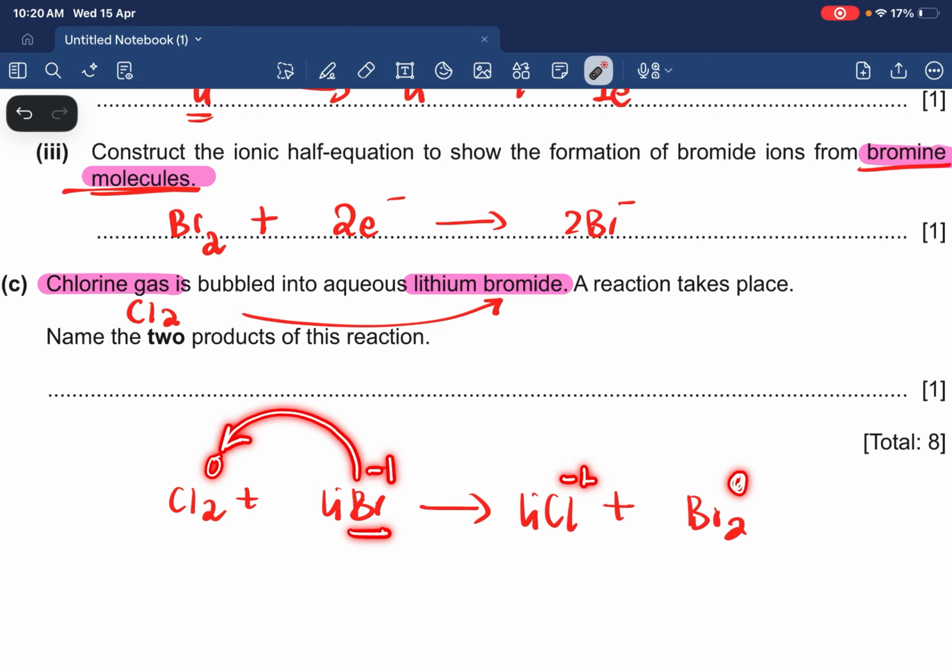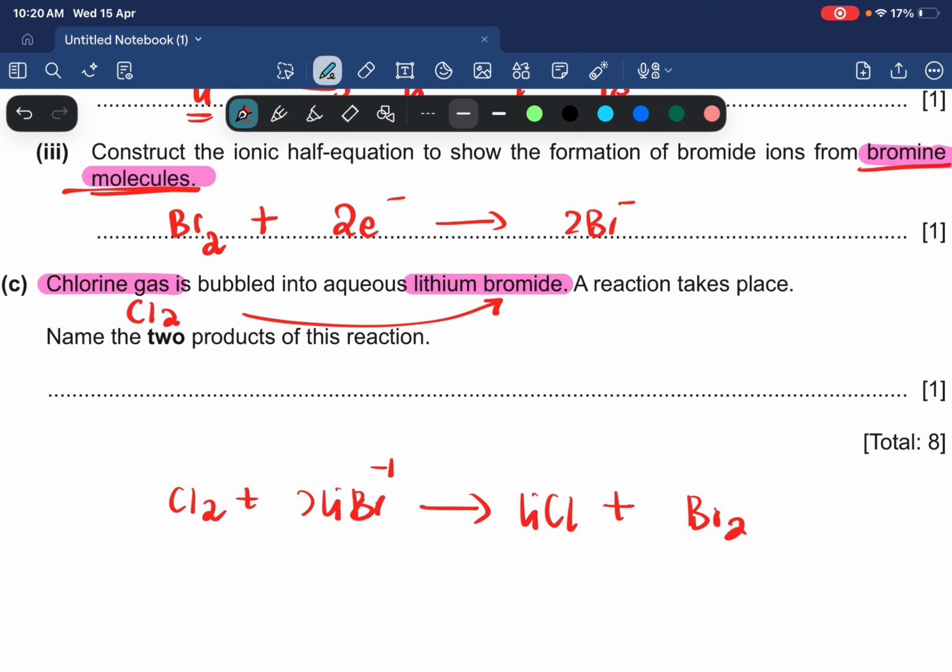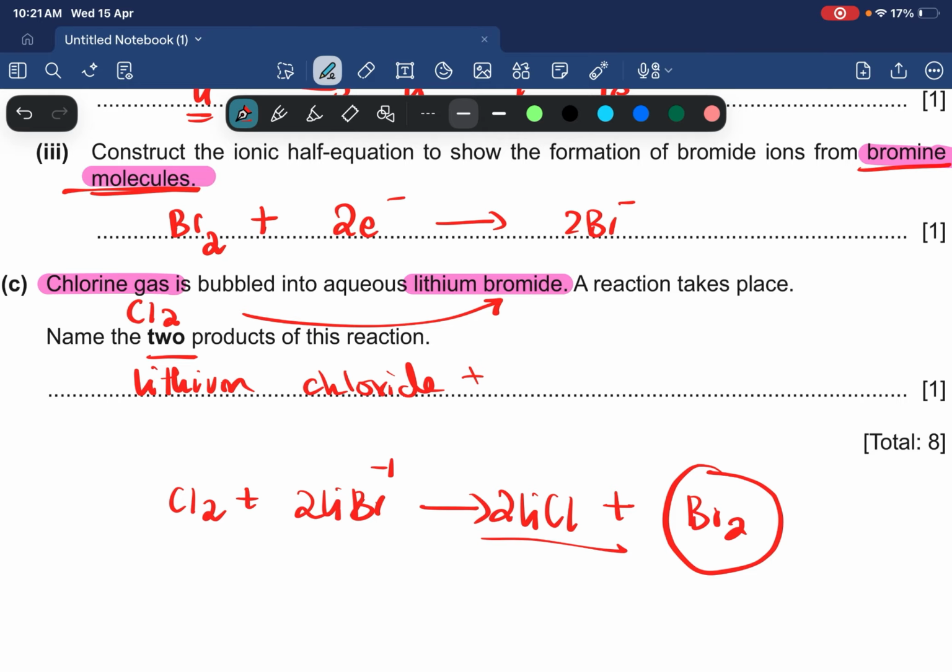So what's happening over here? This is a redox reaction, and if you balance it out, there's going to be a 2 here and a 2 here. So the two products of the reaction are bromine, because chlorine has taken away the electrons from it, now it's just a liquid, and lithium chloride. So you have your lithium chloride plus bromine.